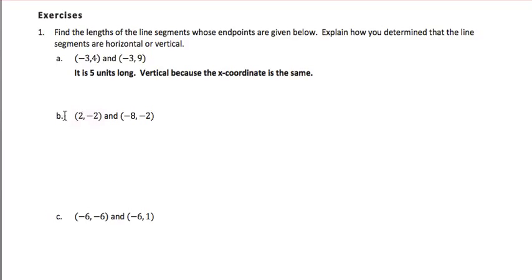And then there are 8 units more toward the left. So it is 10 units long. And it is horizontal because the y-coordinates are the same.